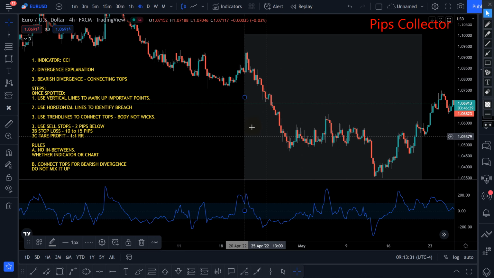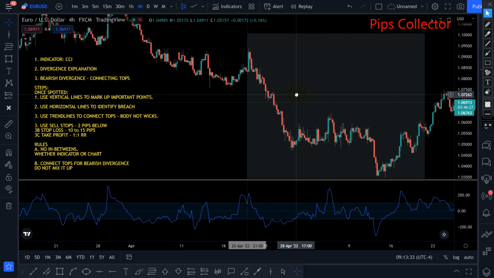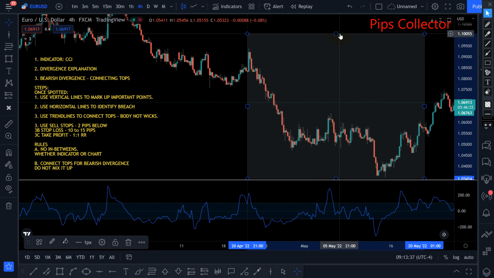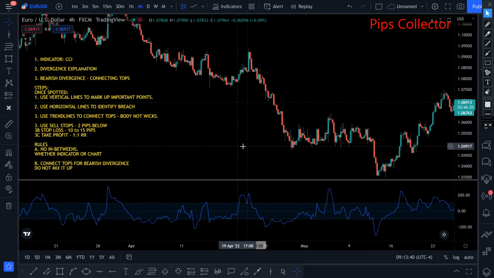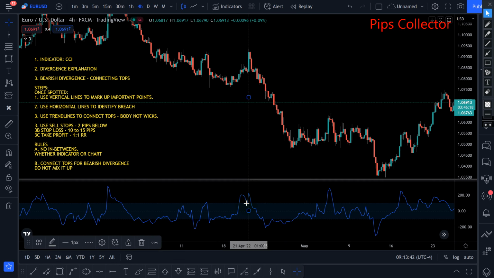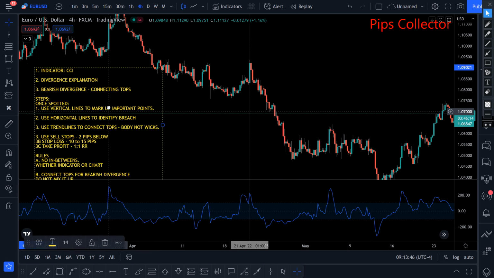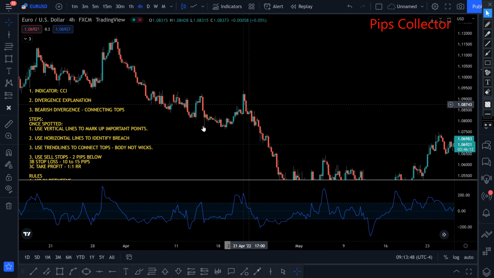So the next stage we need to do is this. Let's imagine that price is playing out right now. We've gotten a peak here. Okay. Now for this peak, what are we going to do?